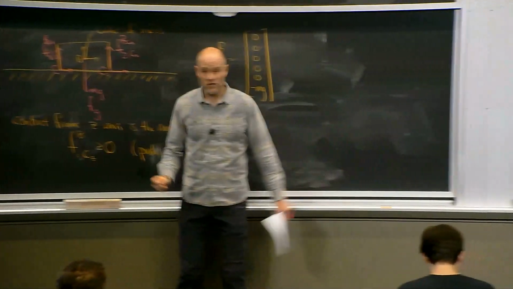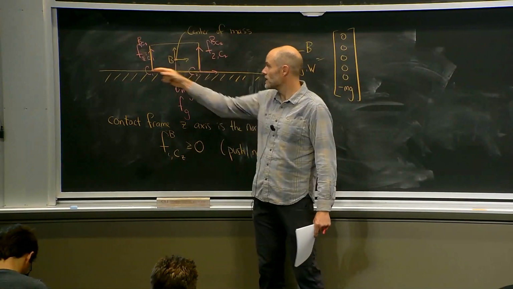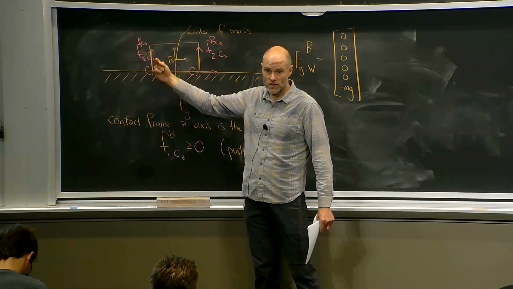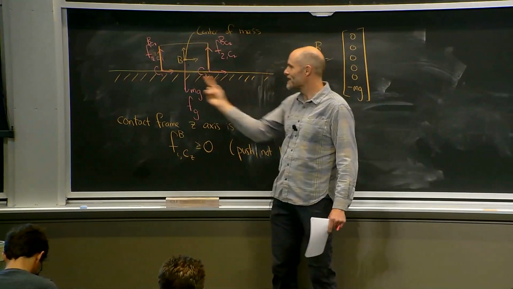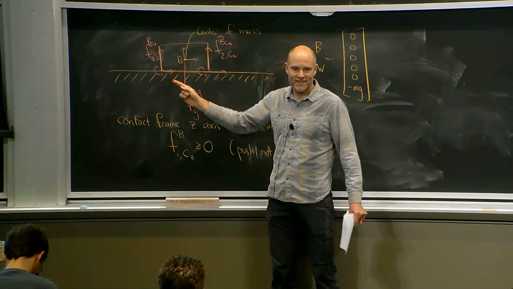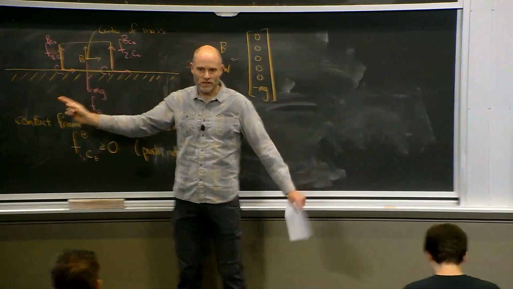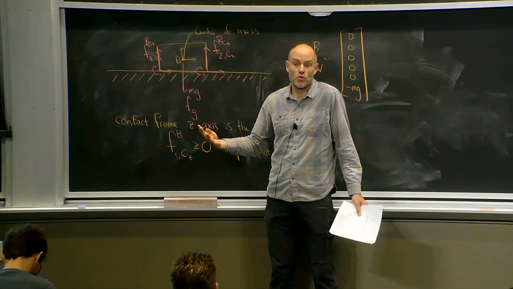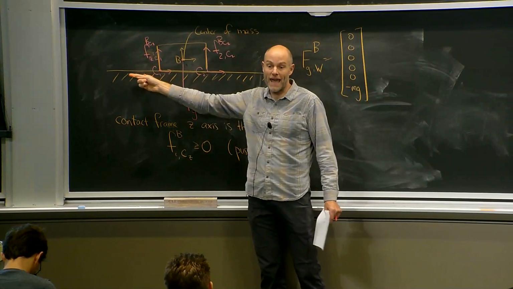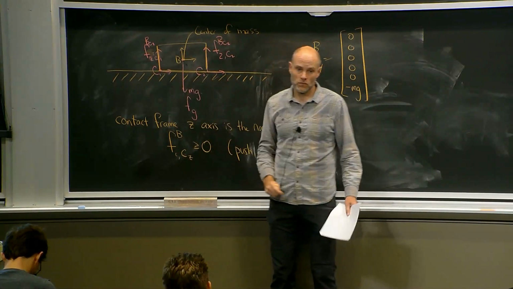The force balance equations just tell me that that magnitude and that magnitude have to be equal so that it's not sliding. But any magnitude of any size, as long as they're equal and opposite, would keep this block at rest. So we need some rule to say what's the magnitude of that horizontal component.